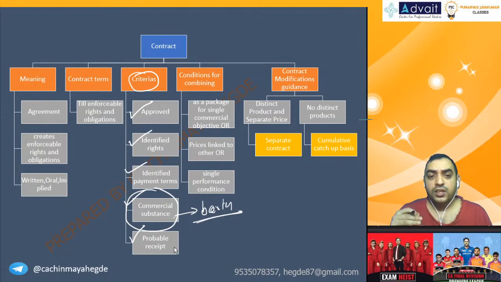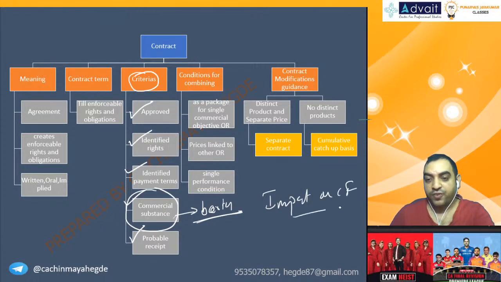So if you exchange assets without having an impact on cash flow, this example we can use for Ind AS 16 also. I'll use it here also.